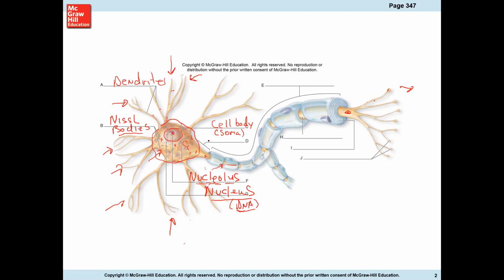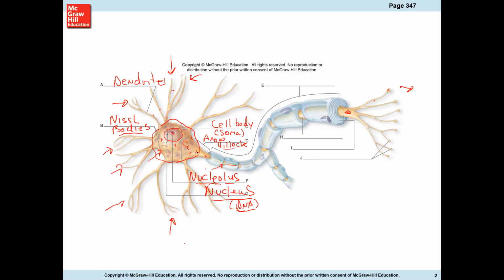So this part, D, is basically called the axon hillock. Don't worry, I'll tell you what the axon is, but you know that already. You've taken this class already. Axon hillock. Hillock, hilum, is anything that's coming in or out of a cell or an organ. In this case, it's just coming out of the cell body.